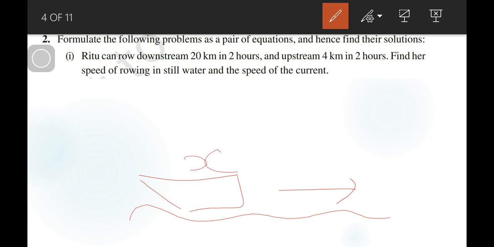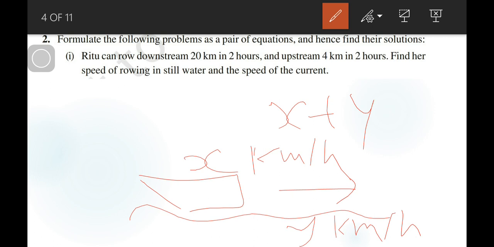The speed of the boat is x in still water, kilometer per hour, and the speed of the flowing water is y, kilometer per hour. If downstream means with the flow, the speed of the boat will be x plus y, because the boat has its own speed and it also moves with the flow. Then it has speed x plus y, kilometer per hour.